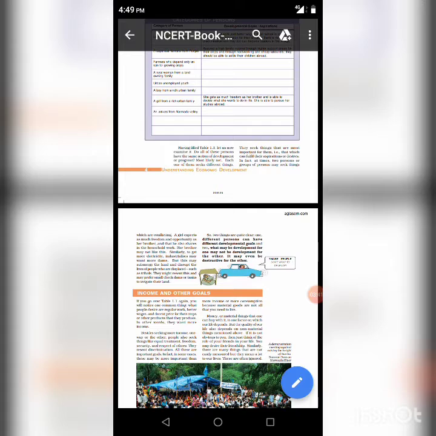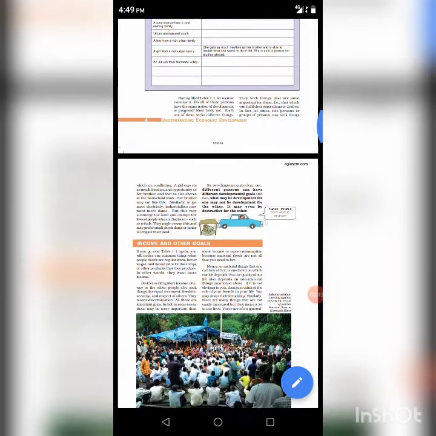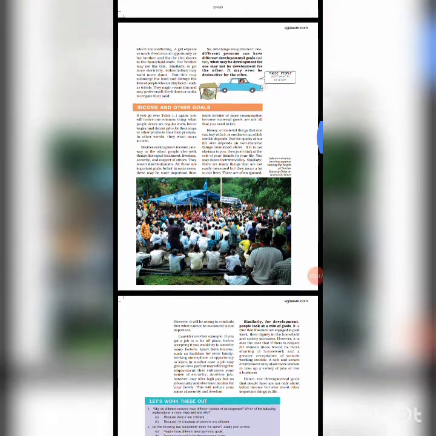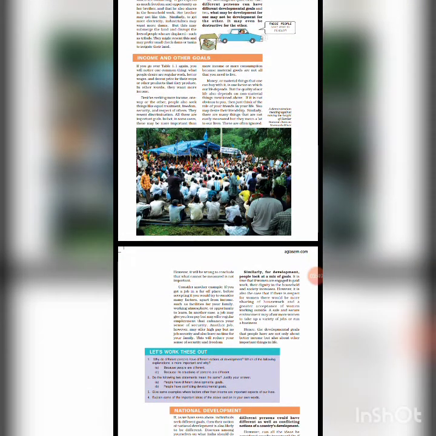In other words, they want more income. People also seek things like equal freedom, equal treatment, security, and respect from others.